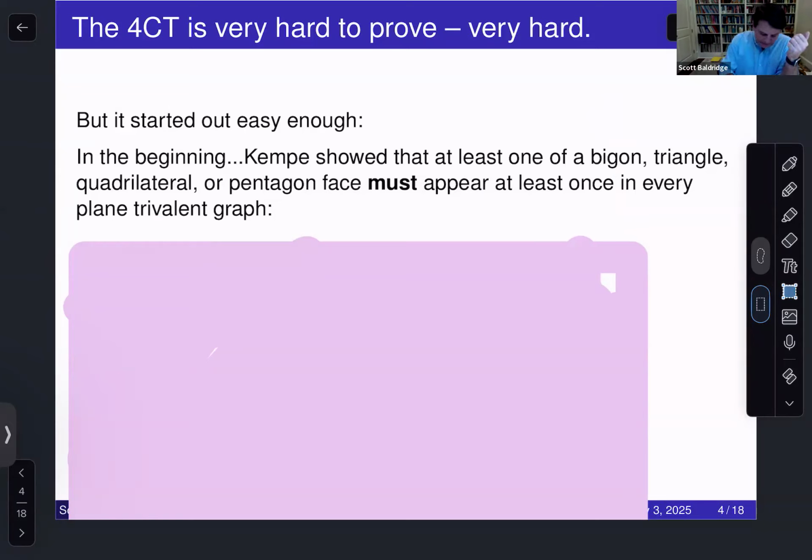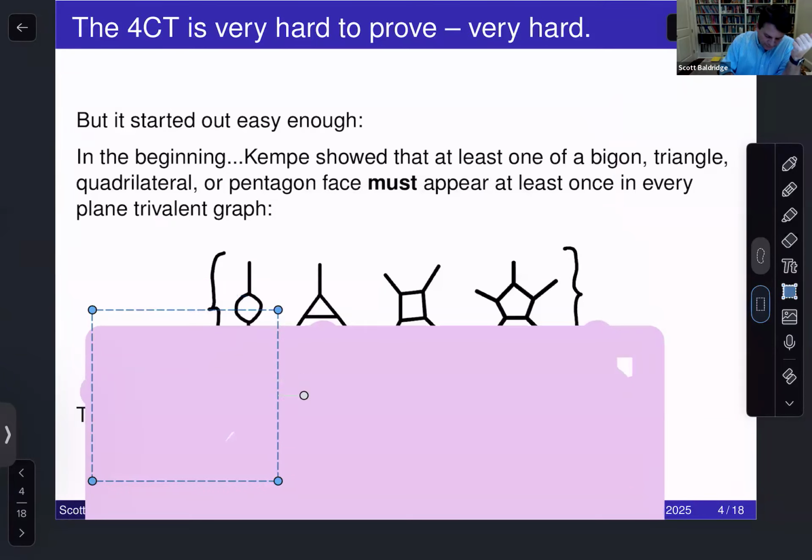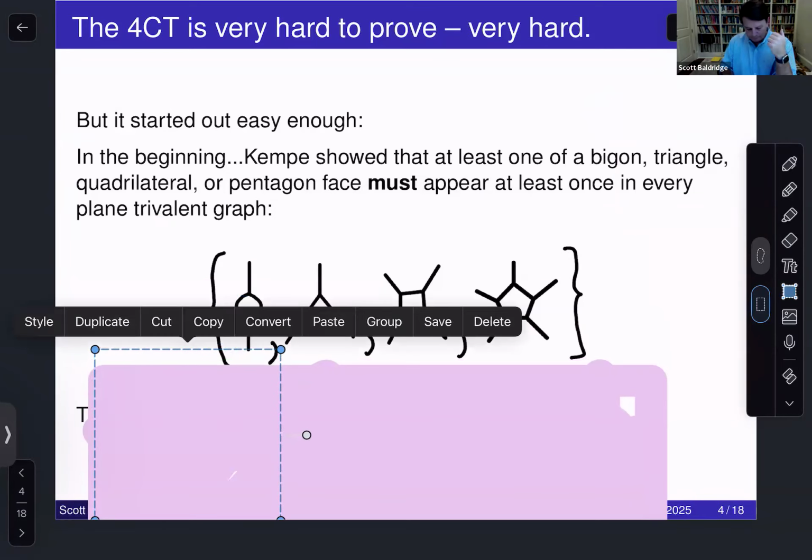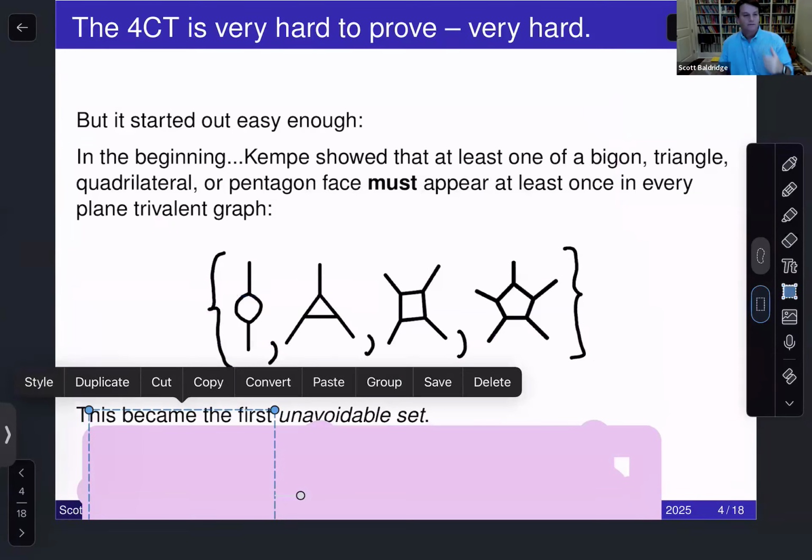And that's actually very simple. You just use Euler's characteristic, and you compute, and you show that there cannot exist a trivalent graph with hexagon faces or more. So that one of these 4 pictures has to show up.